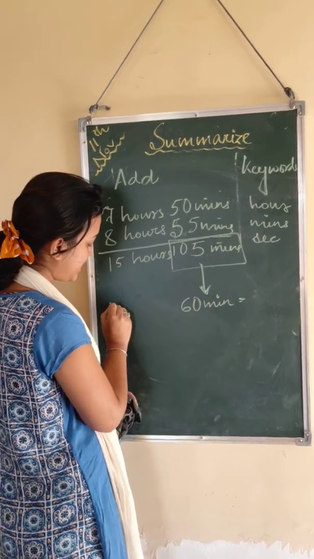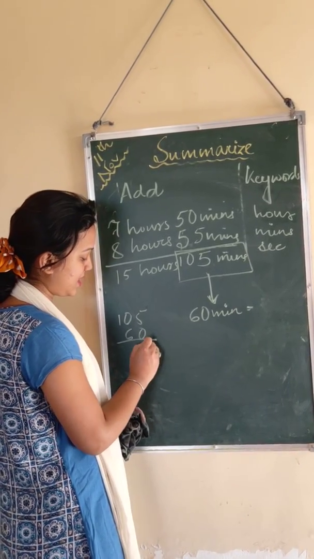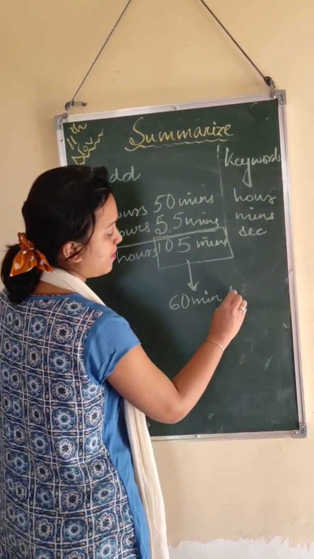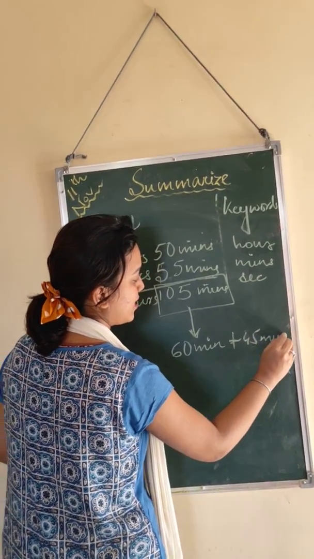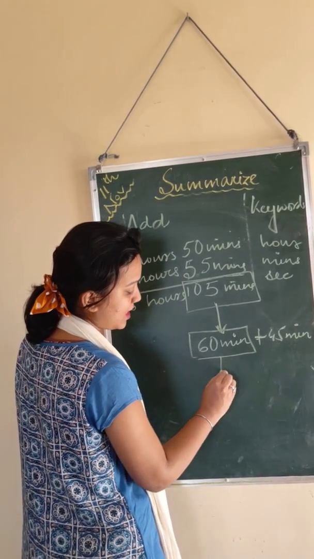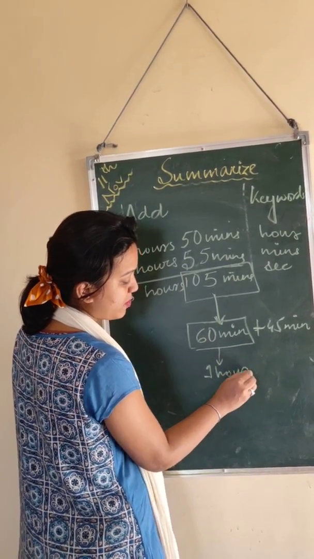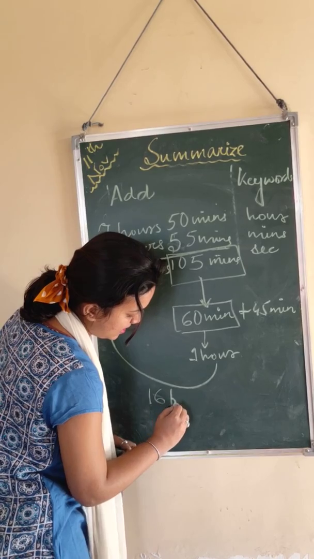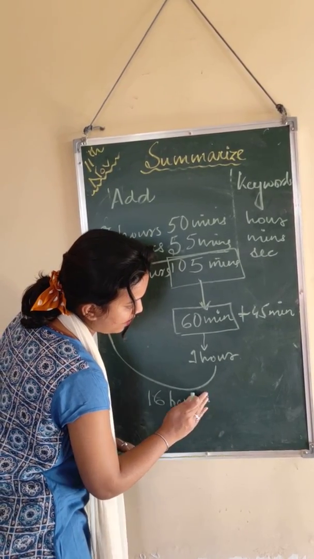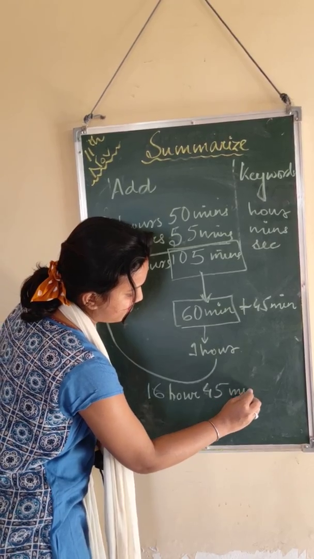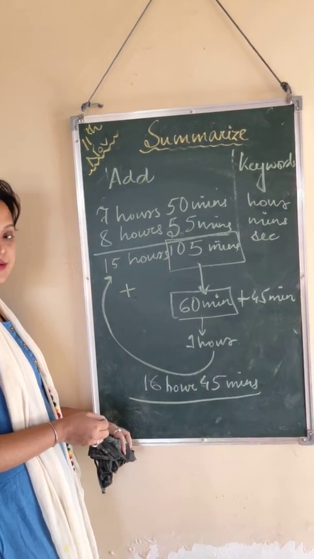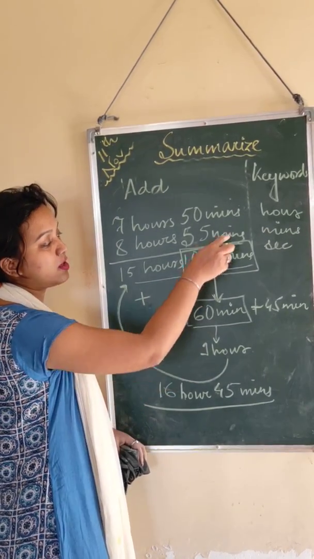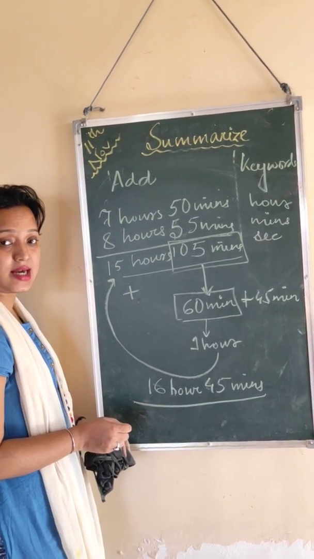So 105 minus 60 gives you 45. So plus 45 minutes. And this 60 minutes is nothing but 1 hour. So we simply add this to 15. So the final answer is 16 hours 45 minutes. This is the correct answer. You are not supposed to write the earlier form, that is wrong. After you break the minutes, you get this. Is this clear, everyone, now?